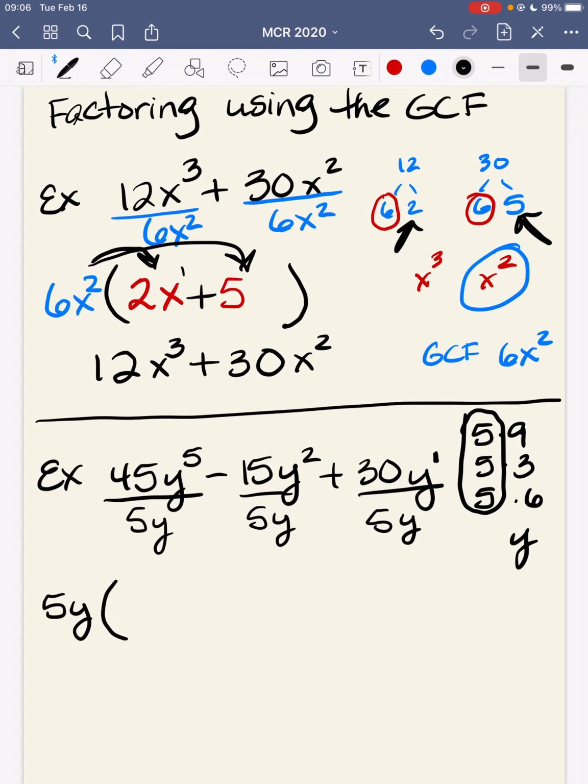Put a set of parentheses and then simplify each fraction. And remember, when I do the division with the numbers, I should end up with these guys right here. So I've already done most of the work. So 45 divided by 5 is 9. y to the 5th minus 1, remember we have to subtract, gives me y to the 4th.